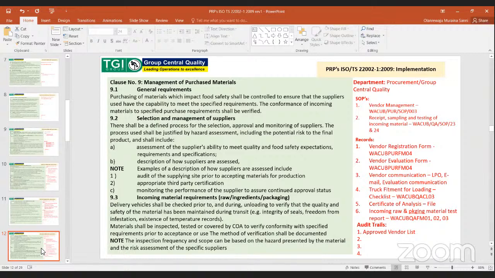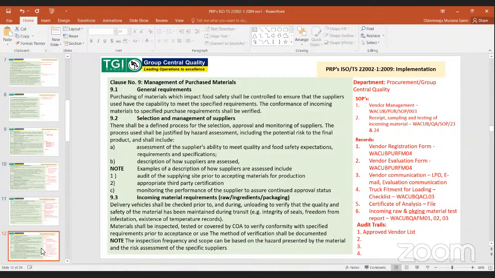Then we also have truck fitment for loading. Fine, when a supplier is supplying us a good product, but he's using a truck that is not suitable for food, we may have some cross contamination in terms of grease, oil, even foreign particles, and the rest.